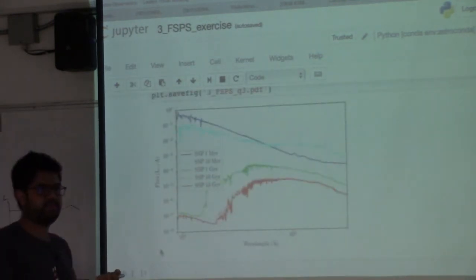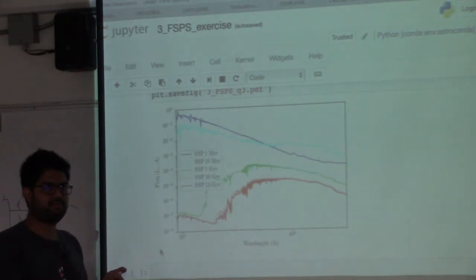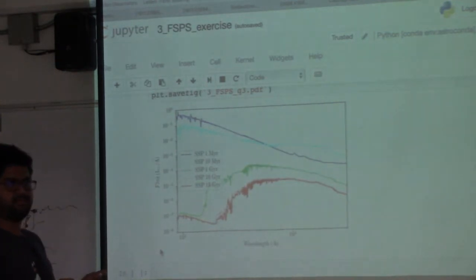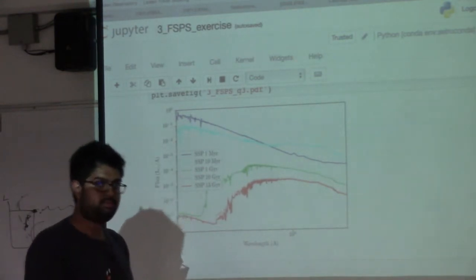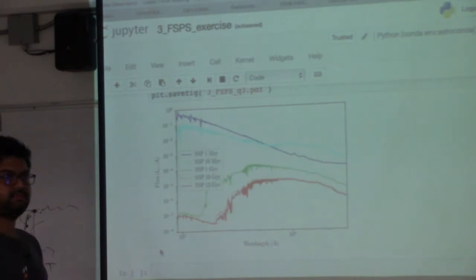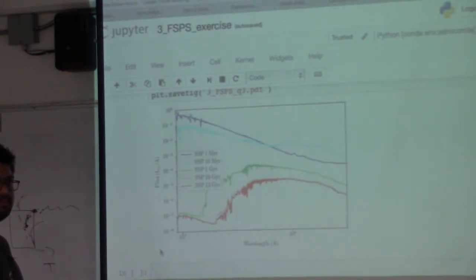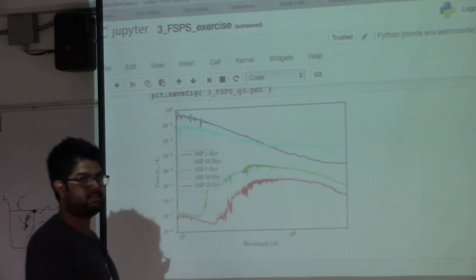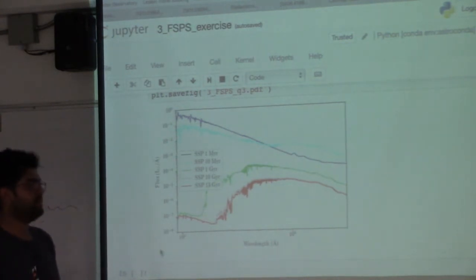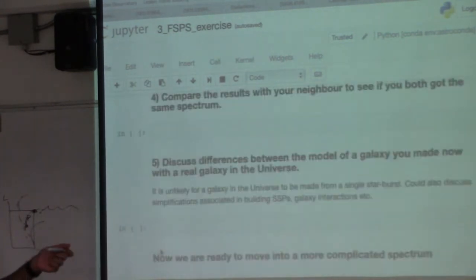Basically, in the SSP model, the stars begin to form and then die and don't form anymore. This is what we don't see in a real galaxy. Yeah, so that's almost exactly the answer.